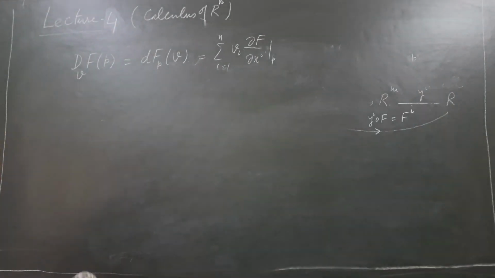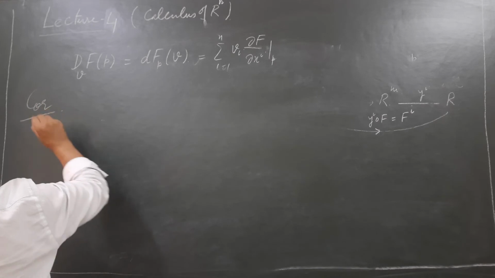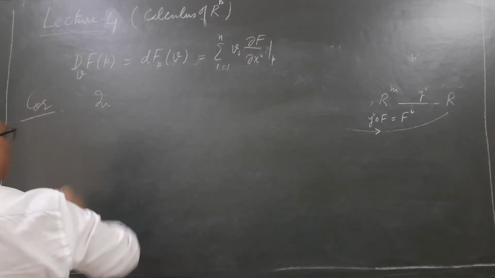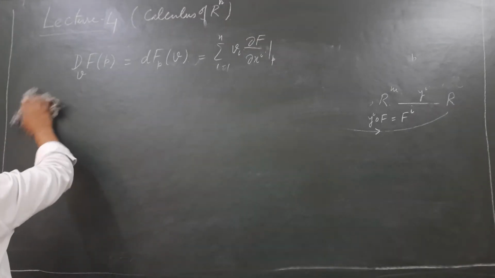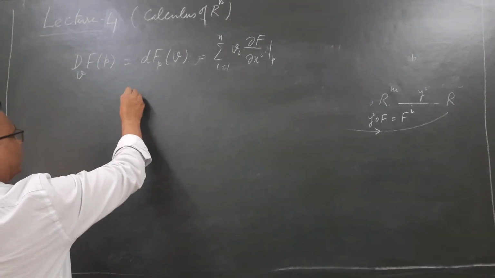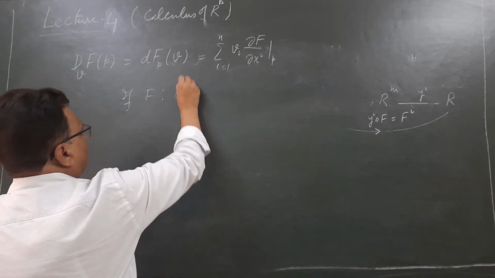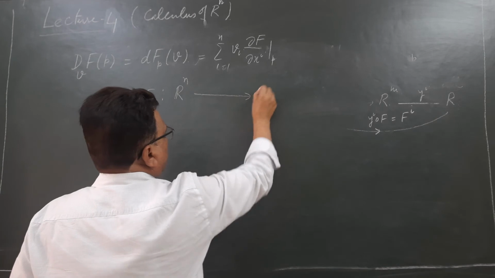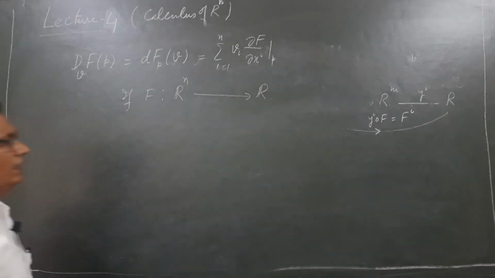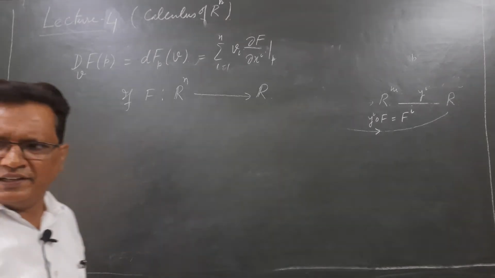Now, as a corollary, before writing down the statement of the corollary, let me tell you that if f is a function from Rn to R, then you know there is a vector called gradient of f. We also call such functions scalar fields.